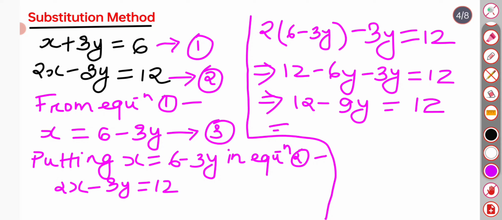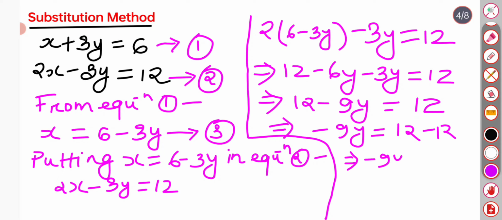Okay, now the 12, you take this side, so minus 9y equal to 12 minus 12, it will become minus 12. So what are you getting? Minus 9y equal to 12 minus 12, which is 0. So ultimately y equal to what will we get? This minus 9, if you bring this side, it will become divide. So 0 divided by minus 9 is 0. So what is the value of y? 0.